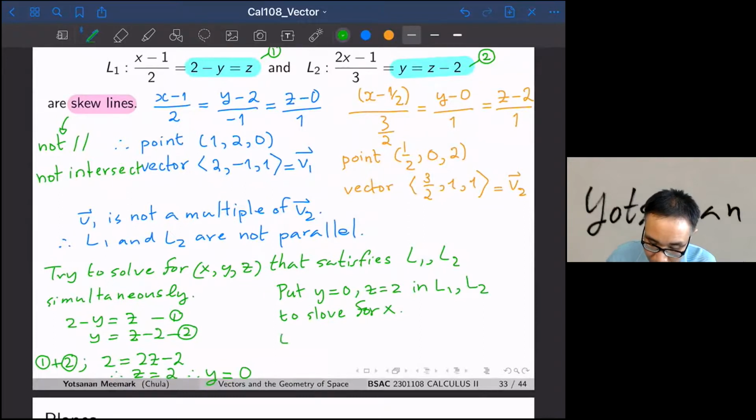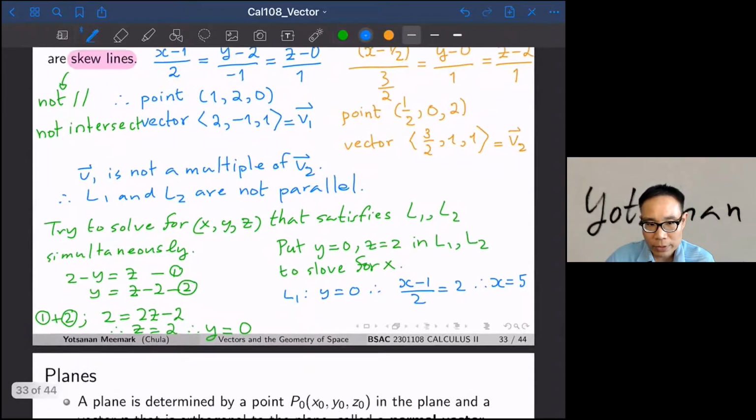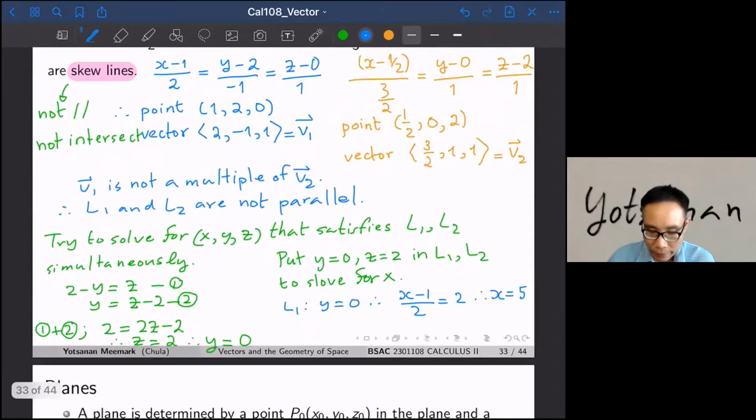In L1, y equals 0, so x minus 1 over 2 equals 2, so x equals 5.